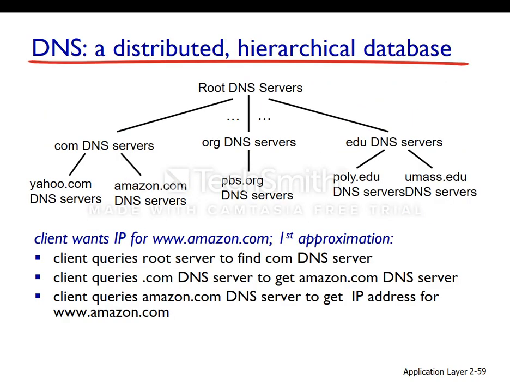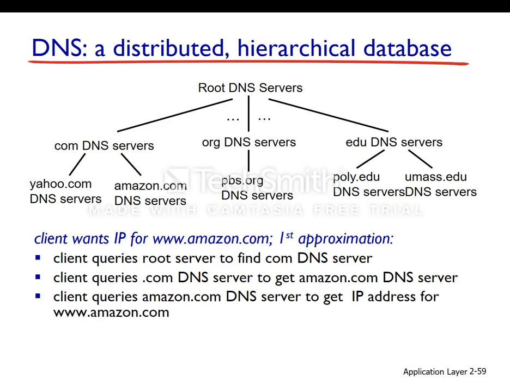So the way DNS is implemented is as a hierarchical distributed database. At the top level, we have the root DNS servers, and there are 13 of these root DNS servers. These DNS servers are actually replicated across the world. But there are 13 of them, and they're named from A to M. Then the level below that, you have the .com DNS servers, the .org DNS servers, .edu, .jm.